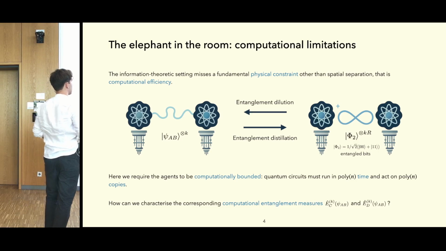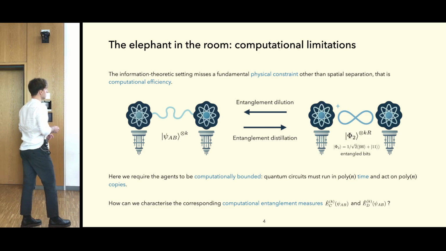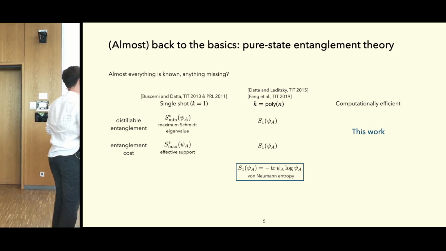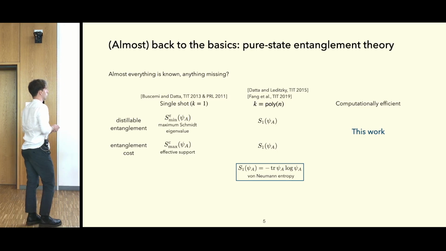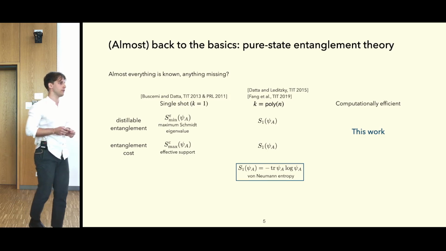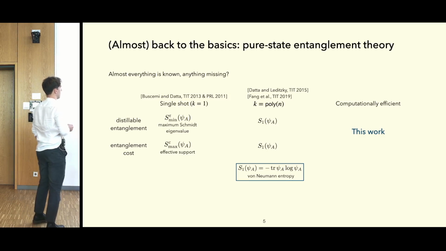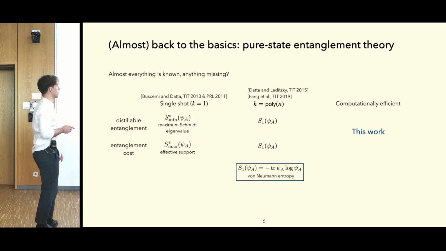We want to ask what the optimal rates are when the two agents are computationally bounded. Let me stress that if we only limit ourselves to poly many samples, to sample-efficient algorithms, we still are able to get the von Neumann entropy rate. So limiting ourselves to efficient sample complexity doesn't really change the picture.